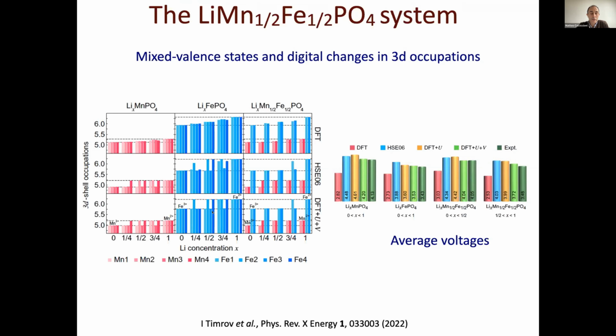Here the difficulty is not only that the transition metal has to switch state between 2+ and 3+ in a digital manner as a function of lithium concentration, but also you need to get manganese to switch before iron, because it has a higher potential. And that's what we nicely get with these +U+V approximations. Also HLC is able to do that, but less precisely, as you can see from this plot. And correspondingly, we get a very good approximation of the experimental voltage for all these intermediate compositions, which is quite pleasant to get.